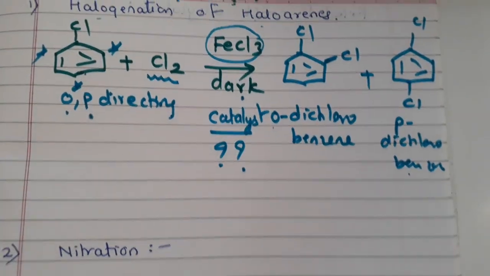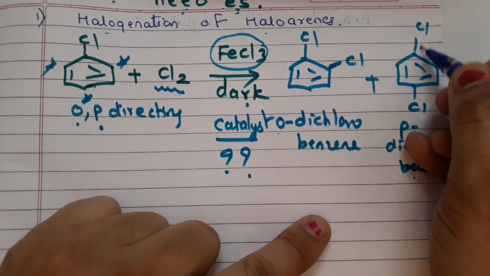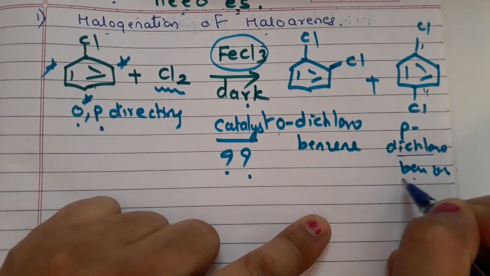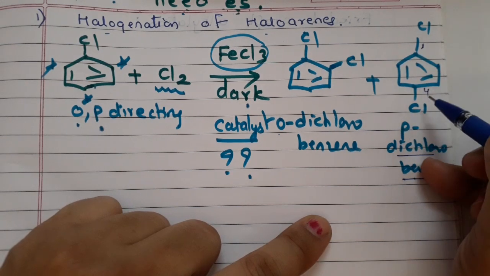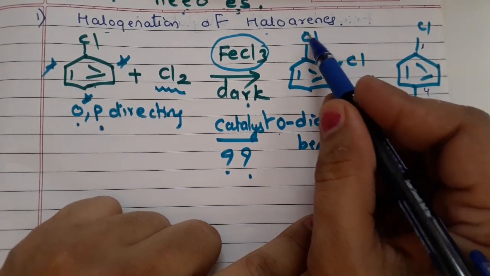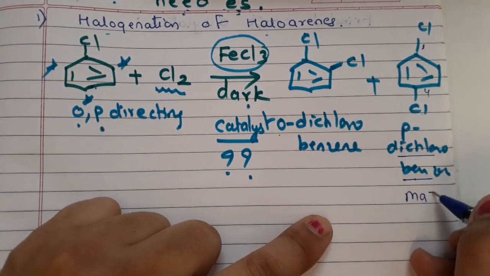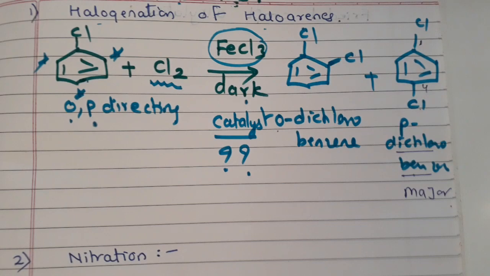Okay, now the question is which of the products will be major. Now the major product is going to be 1,4. The reason being there is no repulsion between the chlorine and the chlorine group because it's far away. In the other case they are very close to each other, so there is steric hindrance also. Okay, so this will be the major product.